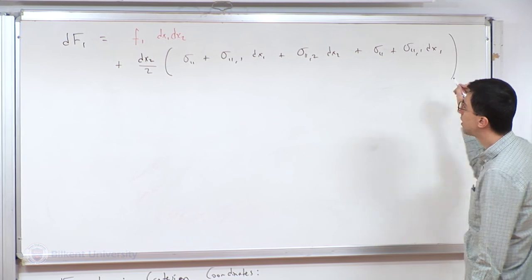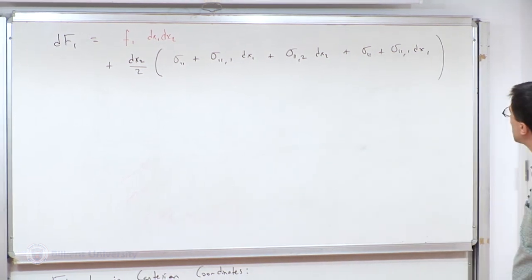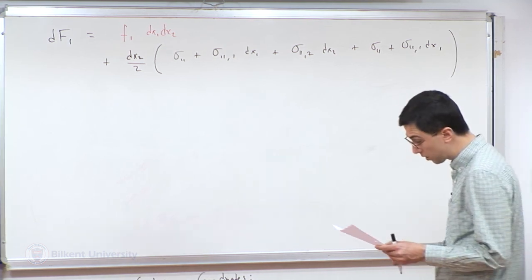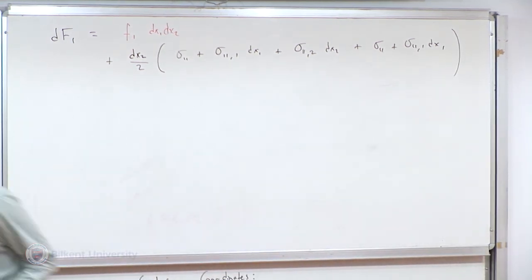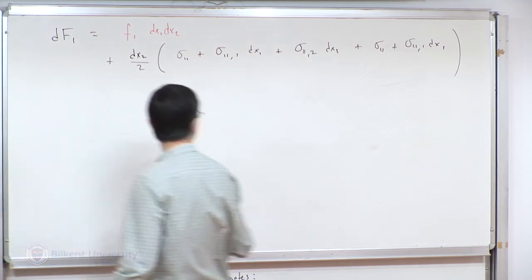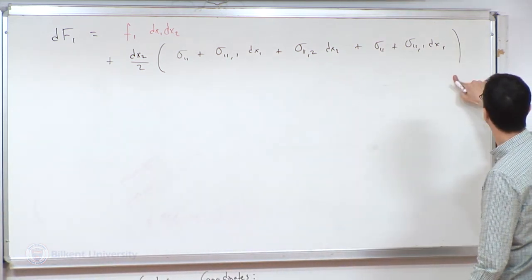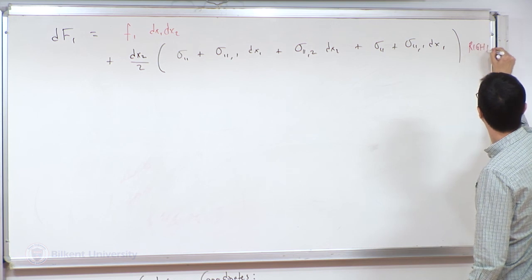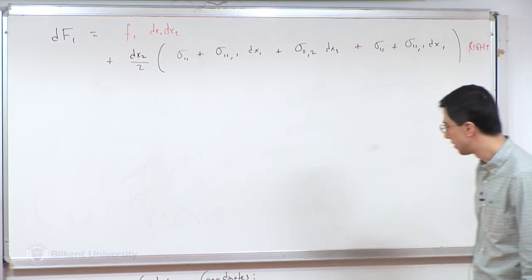If I make a mistake, and I might, just watch out and let me know. So that's due to the x1 component. And just trying to make it a bit more clear. So this is the right edge. Okay?